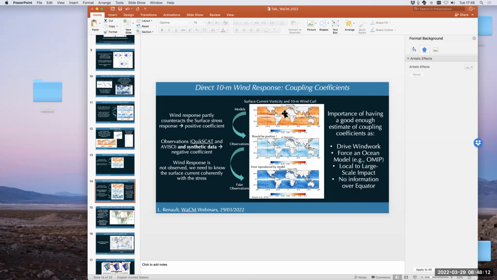Yeah, I understand what you do with the observations. And then in the model, I don't know what kind of stress you have, and you actually have some effect of air stability on the stress, and what you do with that, and how do they compare? Yes, in the model, in WRF, the atmospheric model, we use the Fairall et al. bulk formula. But that's what is nice with the model: we can mimic QuikSCAT.